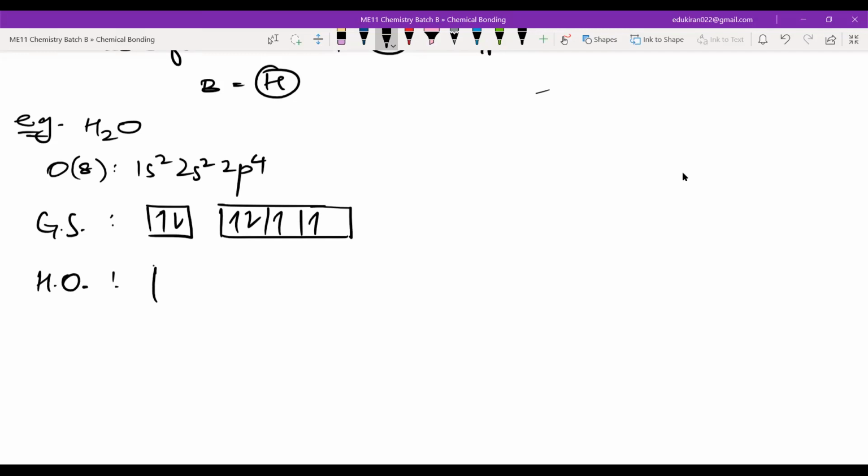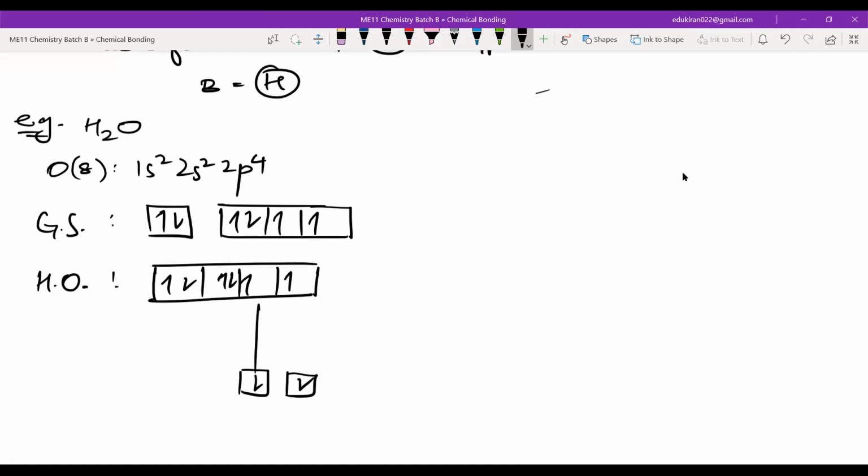Directly write the hybrid orbitals. This is not the right way to fill the orbitals, so let me fill it: 1, 2, 3, 4, 5, and 6. These are the hybrid orbitals, and then you will have the 2 atomic orbitals for hydrogen. These will make bonds, and hence you will have oxygen with 2 hydrogens and 2 lone pairs.